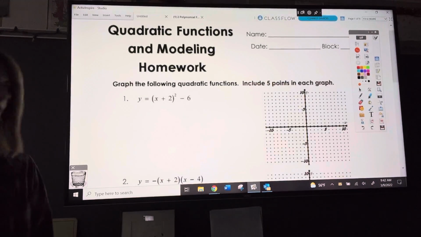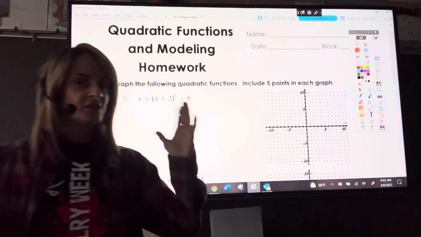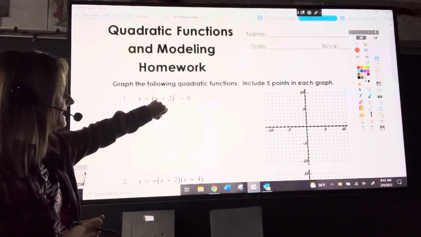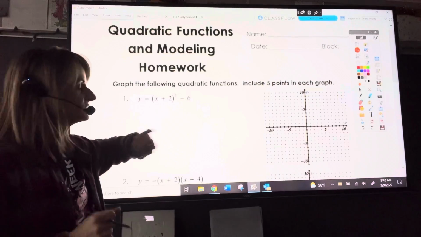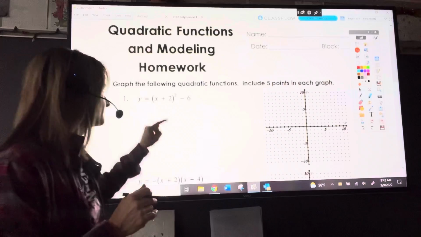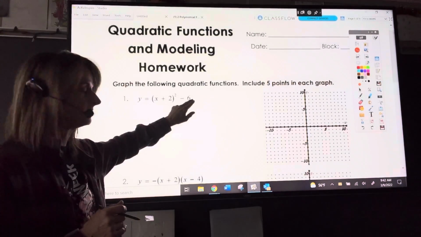So number 1 is in vertex form, and when it's in vertex form, you can just find the vertex like that. So we've got, it's at -2, -6. If you remember from unit 1, when we were doing transformations, this is the horizontal shift inside the function, and this is the vertical shift on the outside.